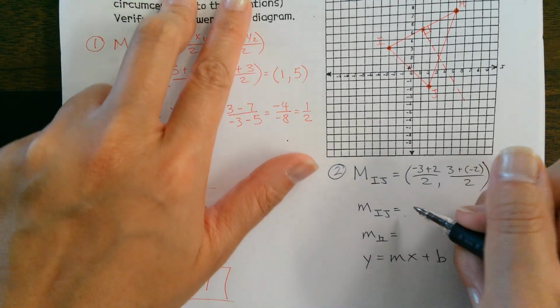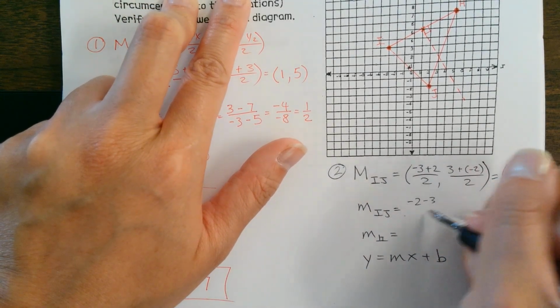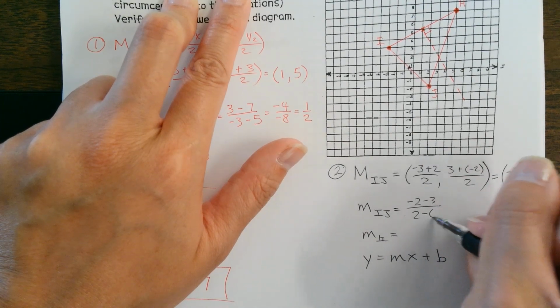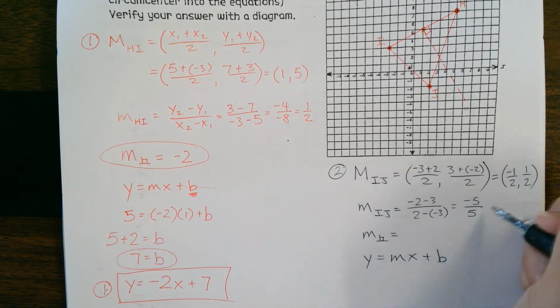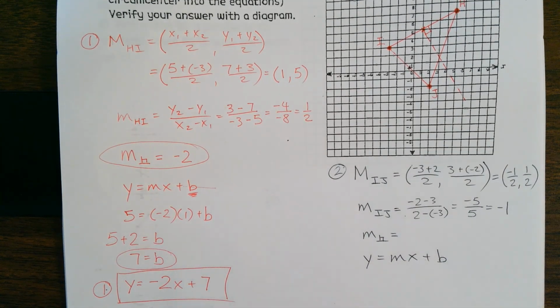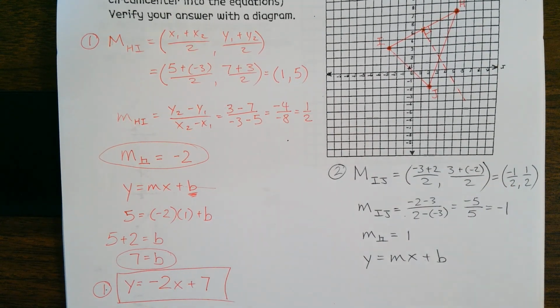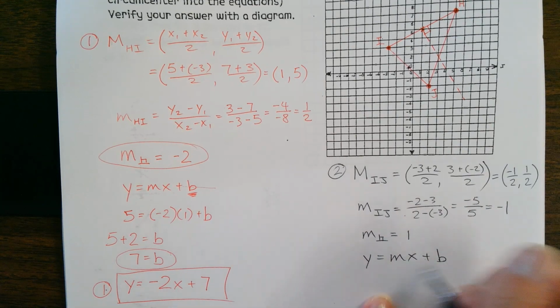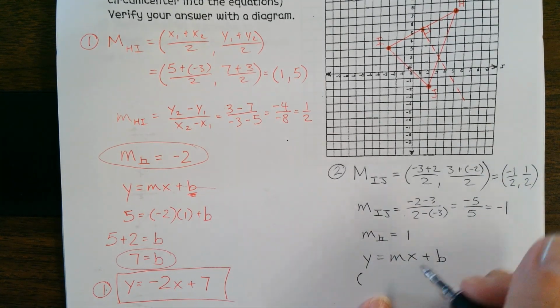Now I do the slope between I and J again. Negative 2 minus 3 over 2 minus negative 3. So negative 5 over 5, which simplifies to negative 1. Don't forget negative reciprocal slope. So it's 1. Now sub in my midpoint and my slope.